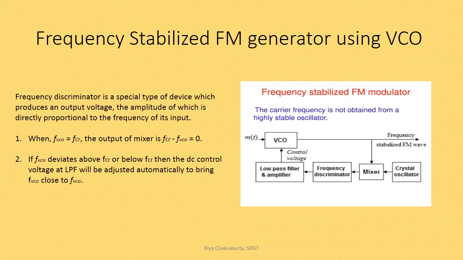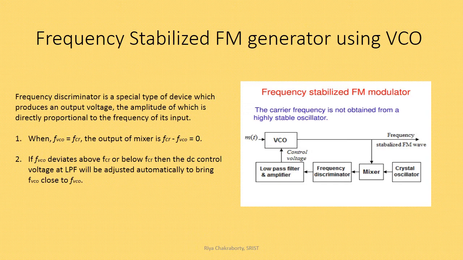Now the next part is the frequency stabilized FM generator using a VCO, that is, a voltage controlled oscillator. The figure shows the automatic frequency stabilized FM generator. The output of the VCO is applied to the mixer along with that of a crystal oscillator.